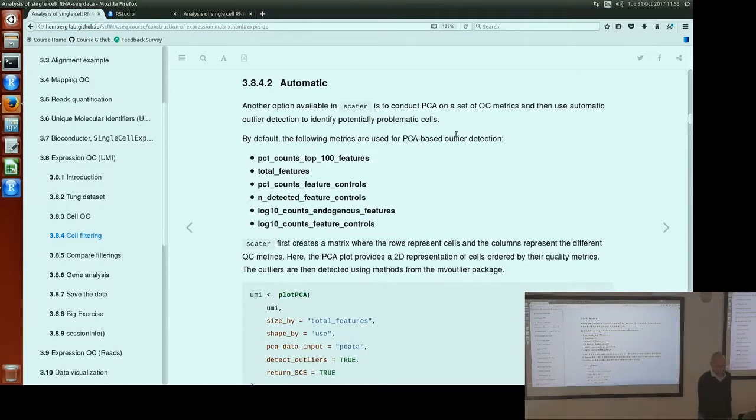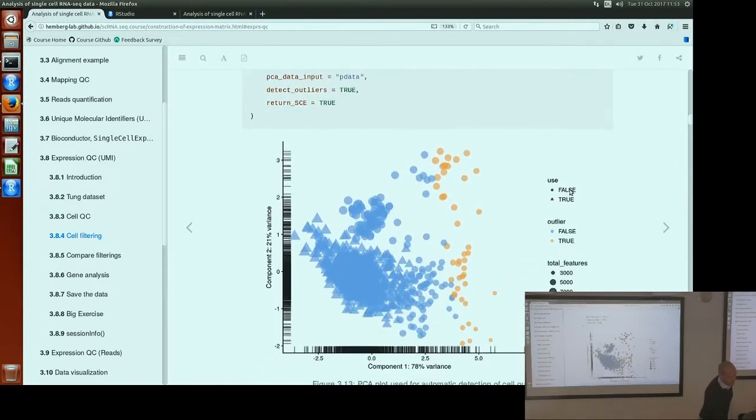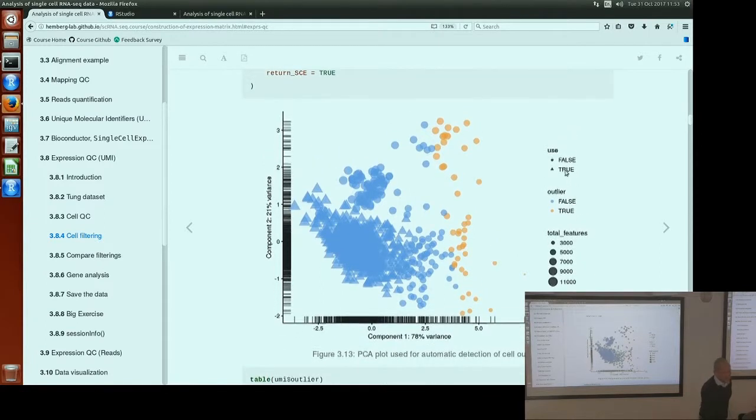And then a PCA plot based on those features will look like that. And Scater can also find outliers in this plot in an unsupervised manner. Here they are colored in orange. So Scater basically finds that you have lots of good cells.